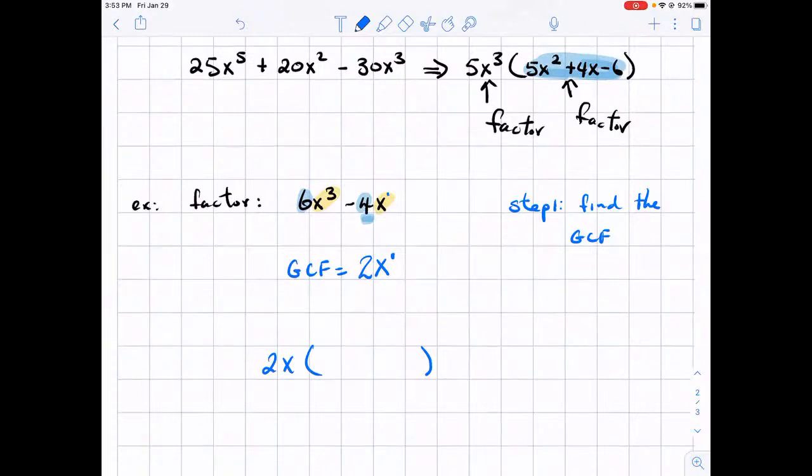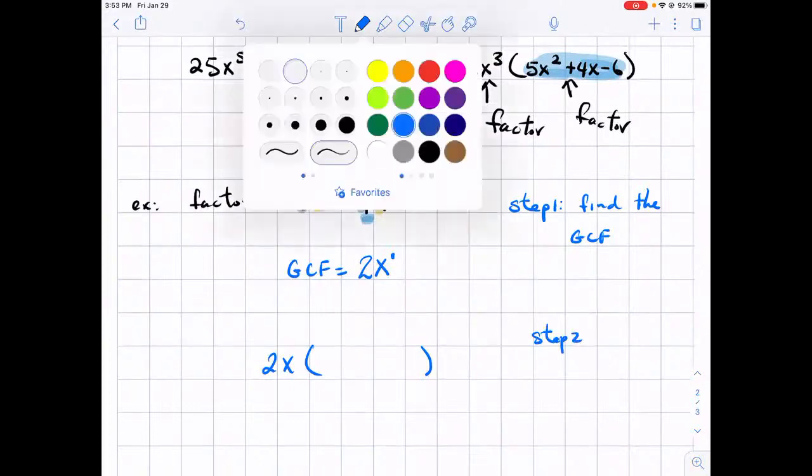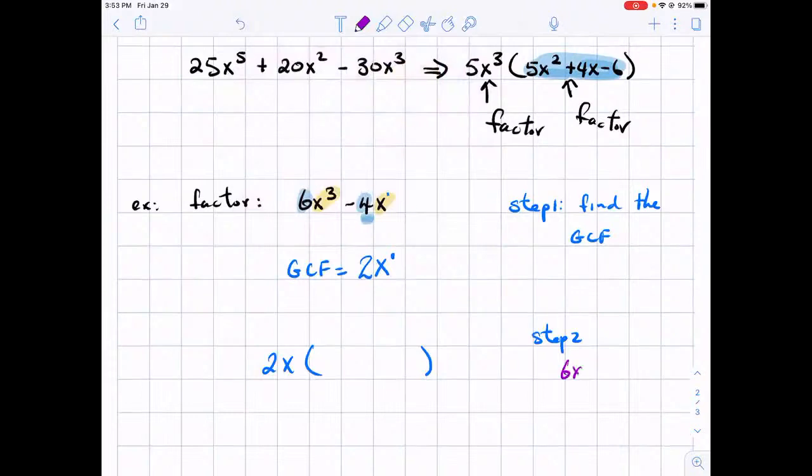And step 2 now, take each term of the polynomial, right? So what is 6x cubed divided by the GCF, 2x? That will give me 3x squared. So in here I have 3x squared.